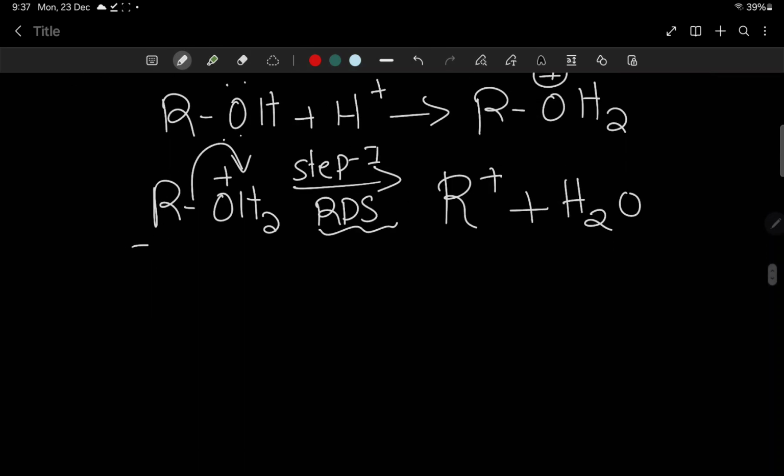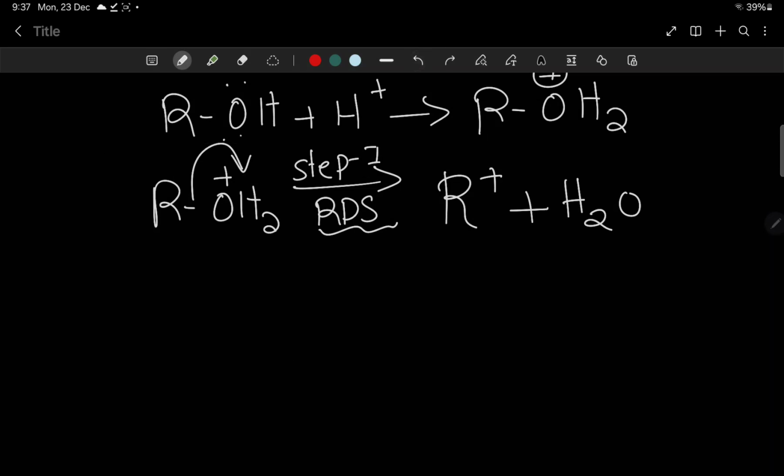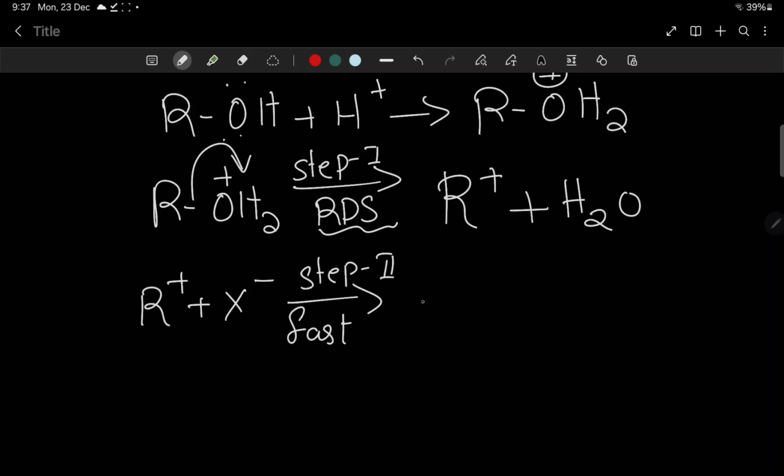Rate determining step means this is the step which determines the rate constant of the reaction, and we have learned the same in the chemical kinetics chapter. Now R plus and X minus will combine in step 2, which is the fast step, and we get RX.